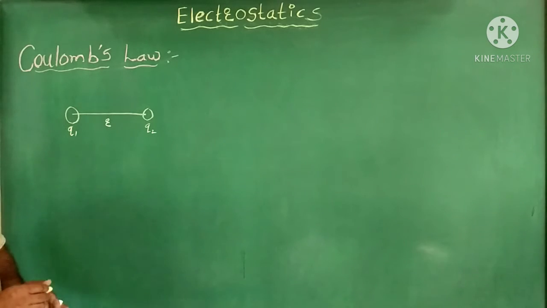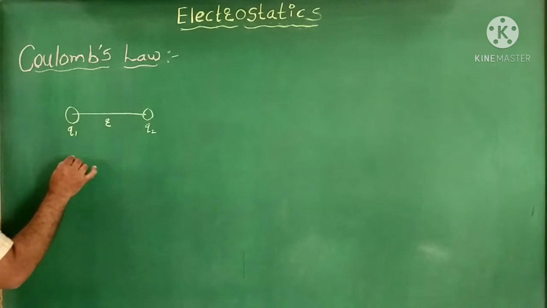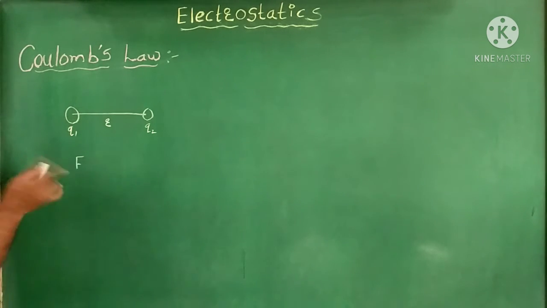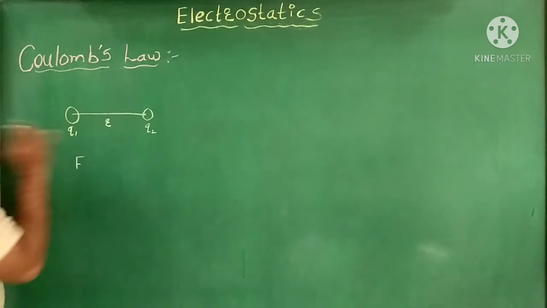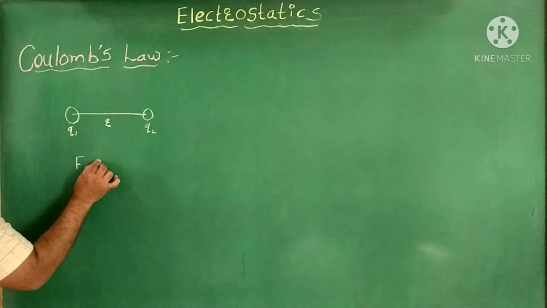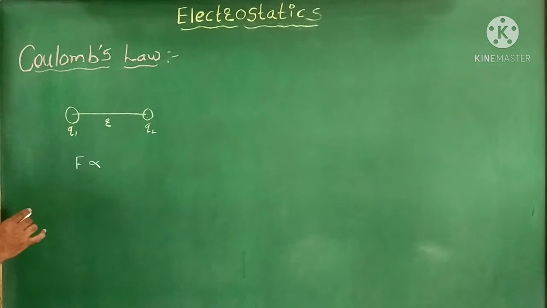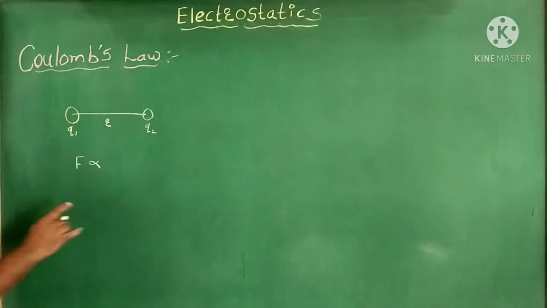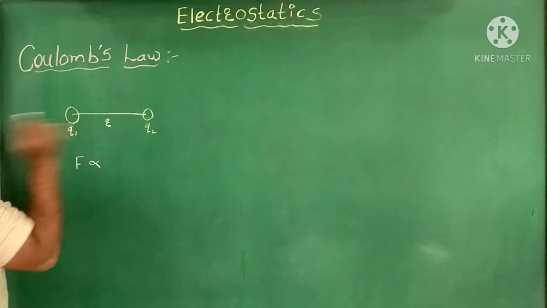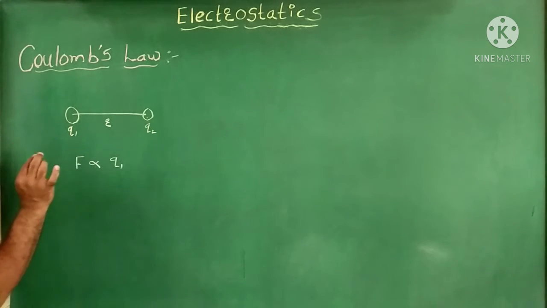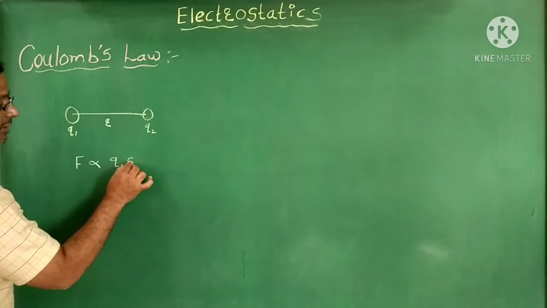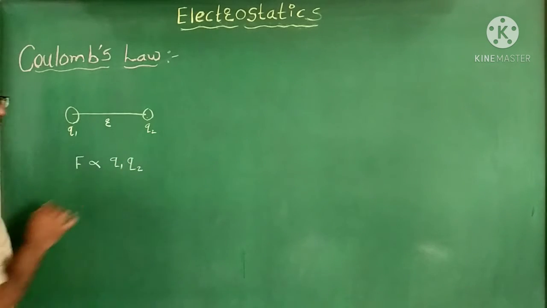Then as per the statement of Coulomb's law, what do we get? The force of attraction or repulsion between these two electrical charges is directly proportional to the product of the magnitudes of these two electrical charges, where the magnitude of the first charge is Q1 and the magnitude of the second charge is Q2.